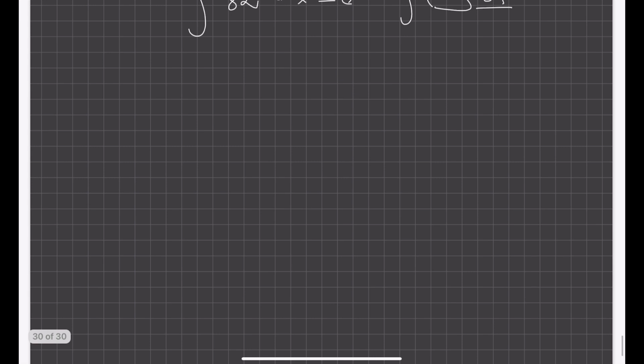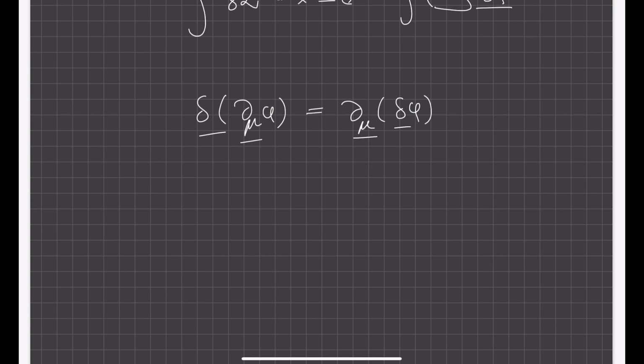So now we go down. I just say the delta of the derivative of phi can be written as the derivative of delta phi. It might not seem very trivial that there is such a relationship, but if we think of both operations as linear operators, they can commute. This is similar to quantum mechanics: can we commute two operations on the same field?